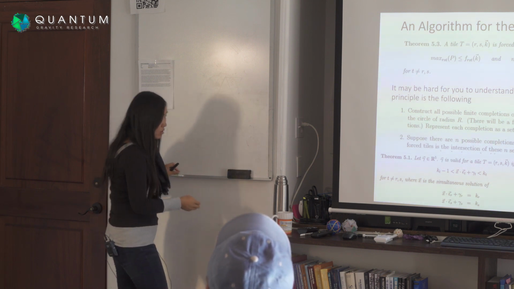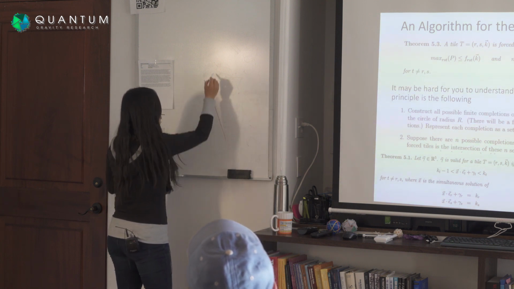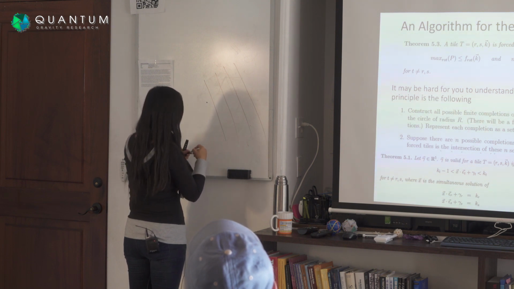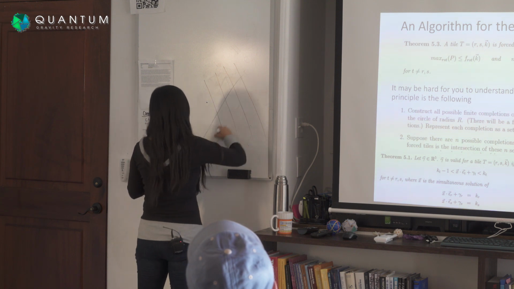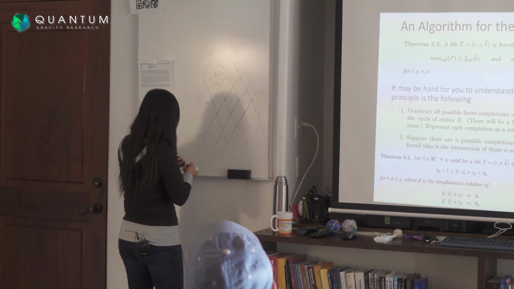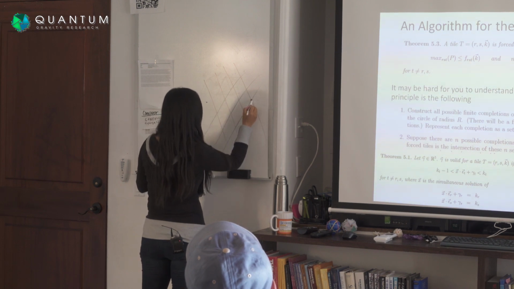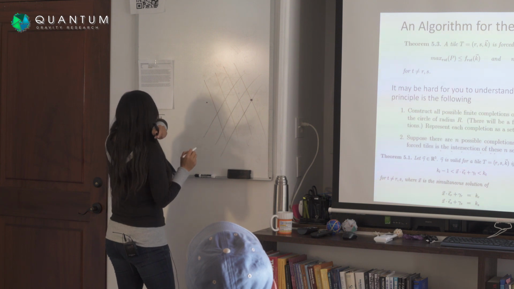I think I need a darker pen. So you have this, right? And then you have another one like this. For example, if we're talking about here, okay? And then that is the intersection point.